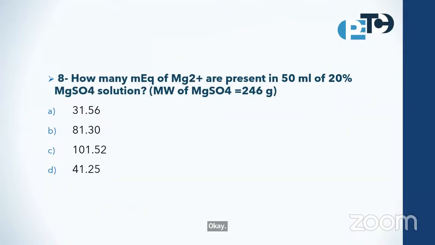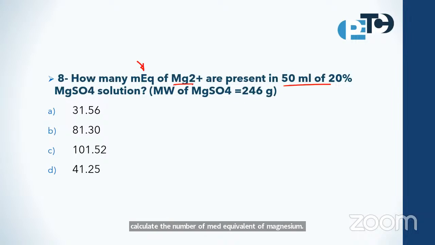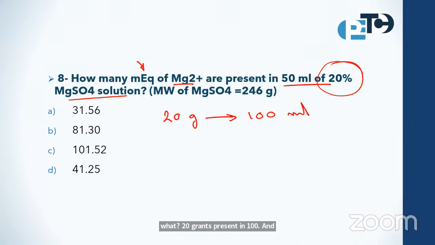Another calculation problem. How many milliequivalents of magnesium are present in 50 milliliters of 20% magnesium sulfate solution? The first step, generally, is translation of the percentage. This percentage means 20 grams present in 100 ml.